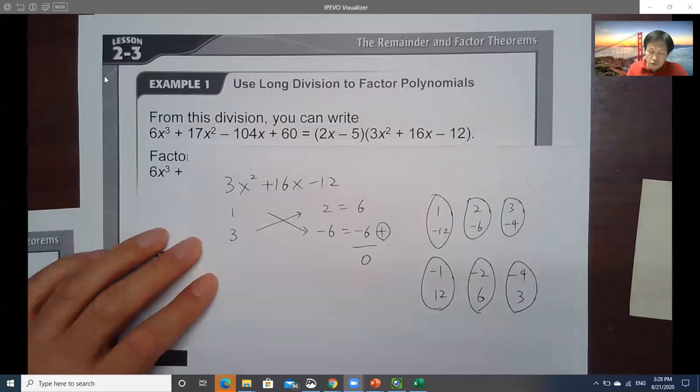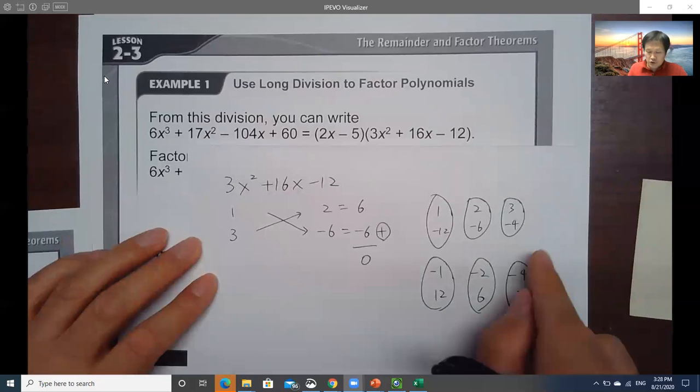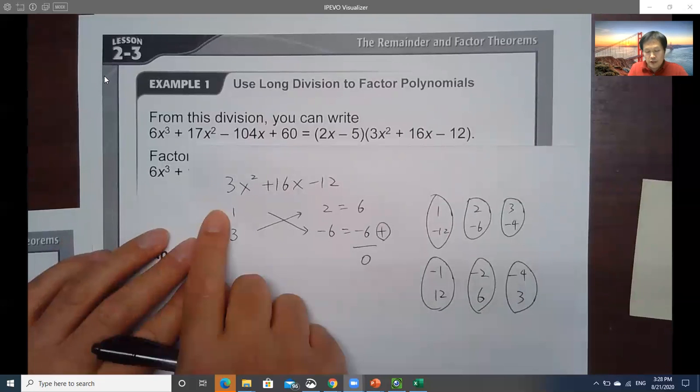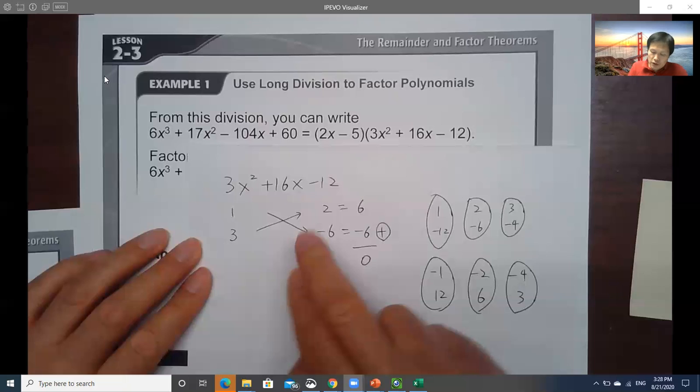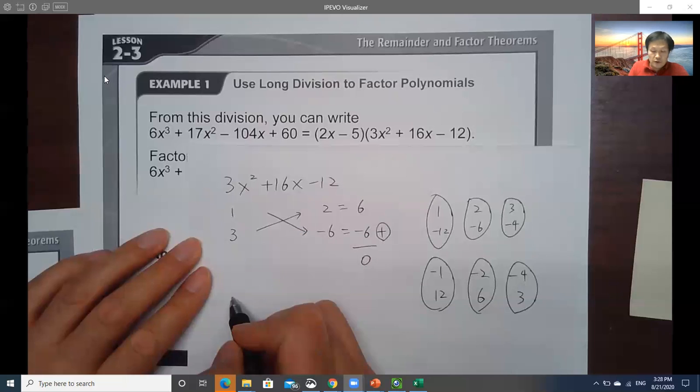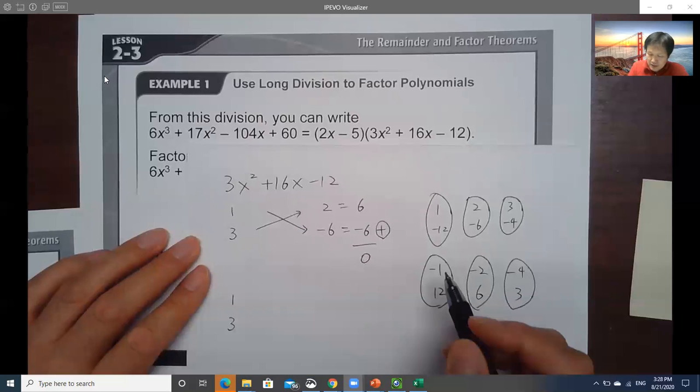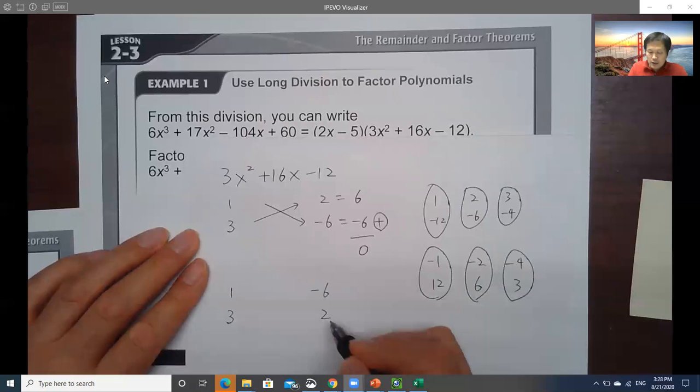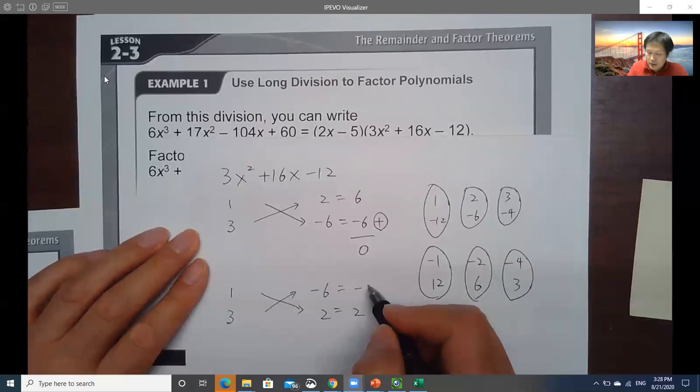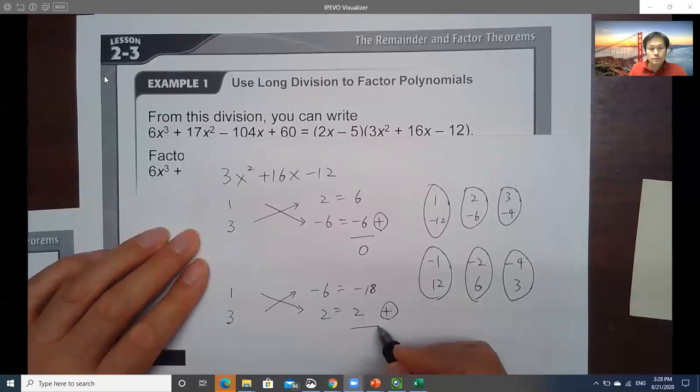Okay, before you choose a different combination, since we have 1 and 3, if you switch the order, that's going to create a different result. You get minus 6 here and 2. Then multiply, you get 2 here, multiply, you get minus 18 here, and then you get minus 16.